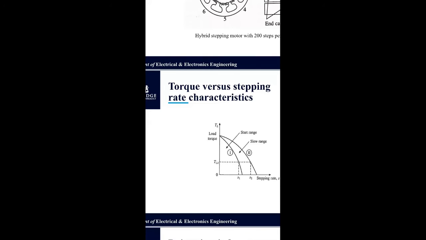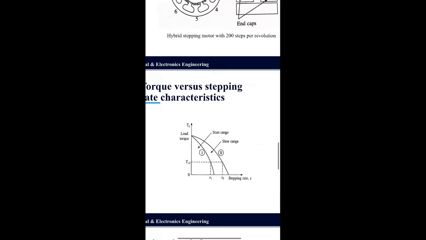Once the motor has started and synchronized, the stepping rate can be increased for the same load torque without missing a step. For a load torque TL1, after starting and synchronization, the step rate can be increased up to S2 as shown in the figure without missing a step or without losing its synchronism.